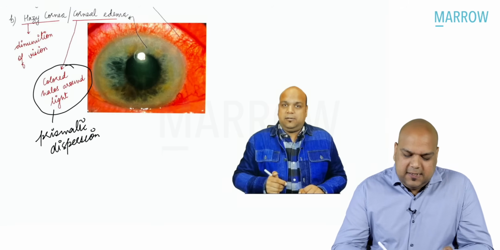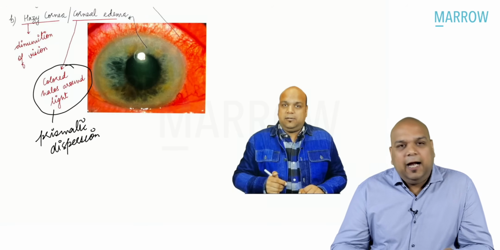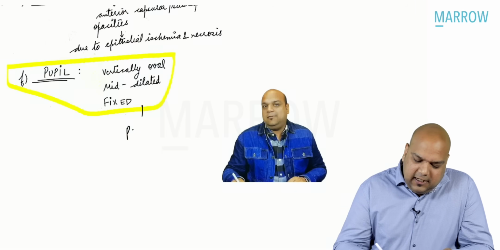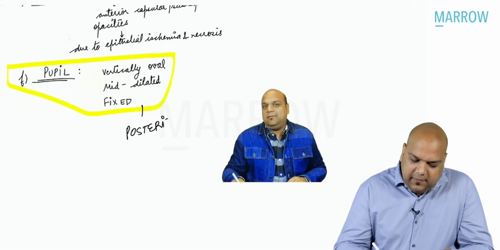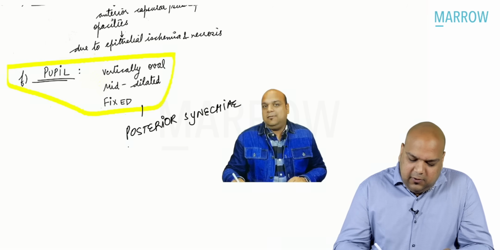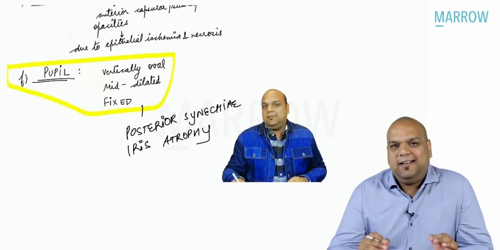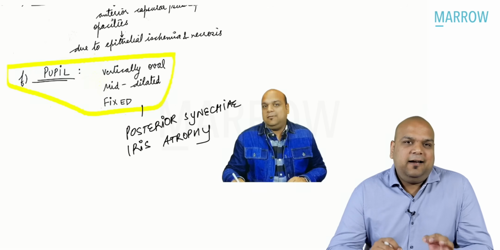Now we can see redness, we can see the hazy cornea, and we know because a lot of posterior synechia are formed. And because there is iris atrophy, it leads to the classic case of vertically oval, mid-dilated and fixed pupil.